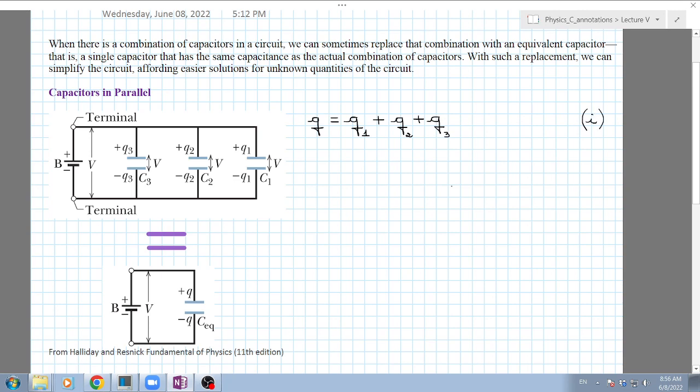I'm going to use the equation that links the charge on the capacitor with its capacitance, and we know that Q equals C times voltage.